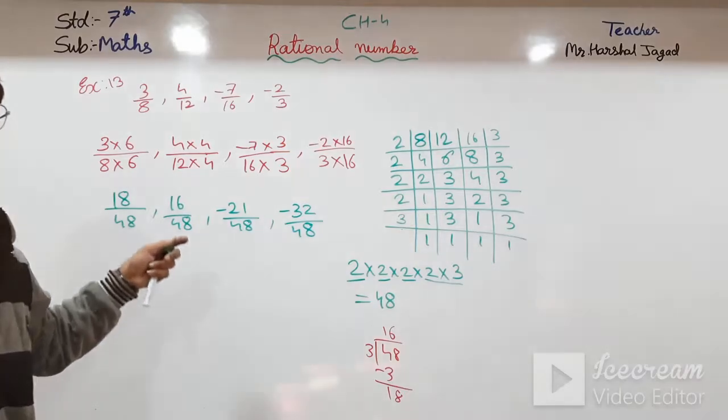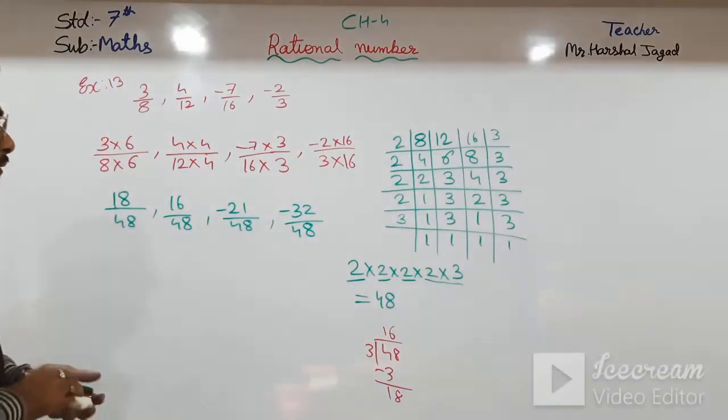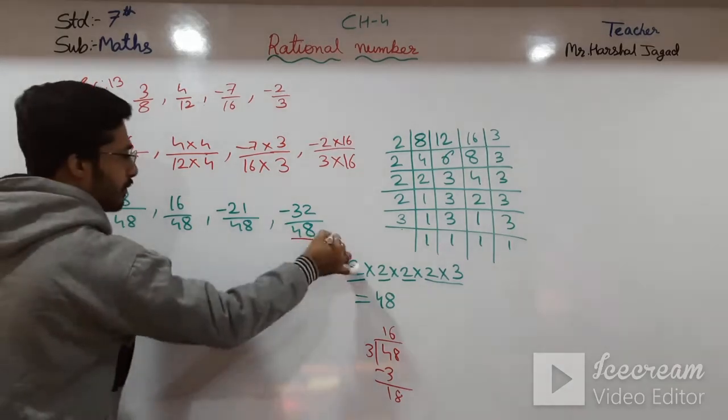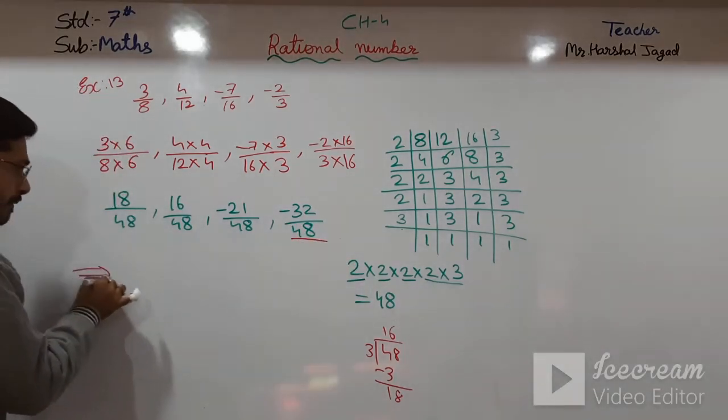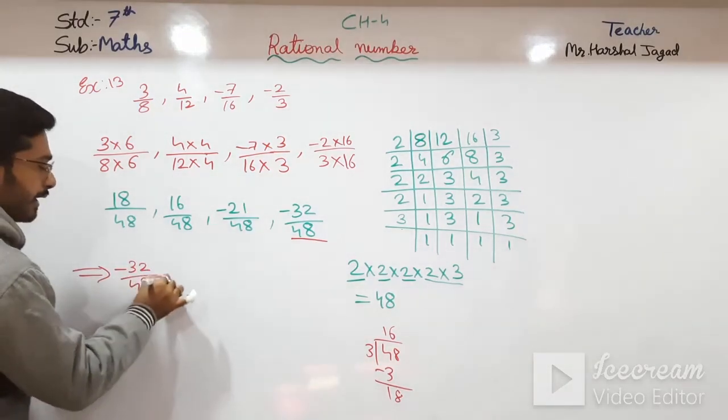Now if we want to keep all of this in ascending order, how will we do it? First of all, the smallest is minus 32 upon 48.